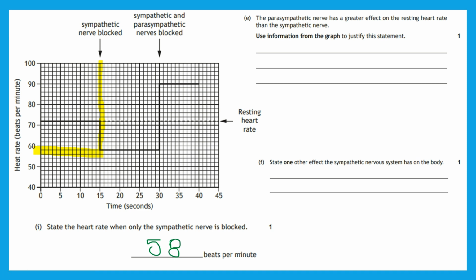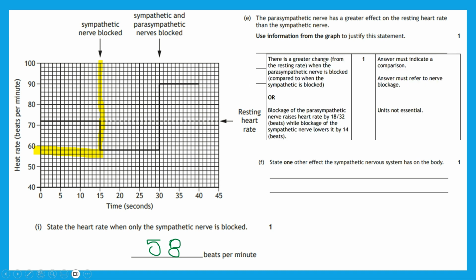The parasympathetic nerve has a greater effect on the resting heart rate than the sympathetic nerve, so use information from the graph to justify this statement. So again, looking at our graph, further along we can see the parasympathetic nerve becomes blocked and the heart rate increases up to 90.